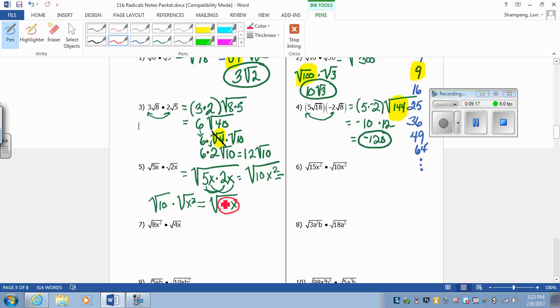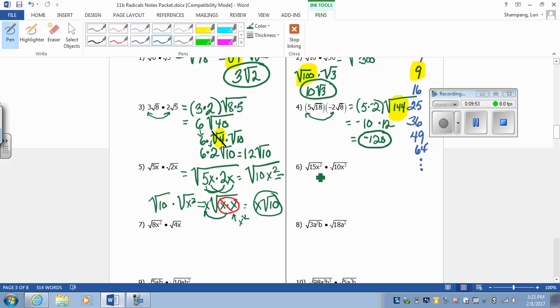Once I have paired them up, I can remove them from under the radical sign and put one of them outside the radical sign. So my final answer would be x times the square root of 10. Because I had a pair of x's which was equal to my x squared, and I know that the root of a squared number is just the number. All right, so that answers it: x times the square root of 10.